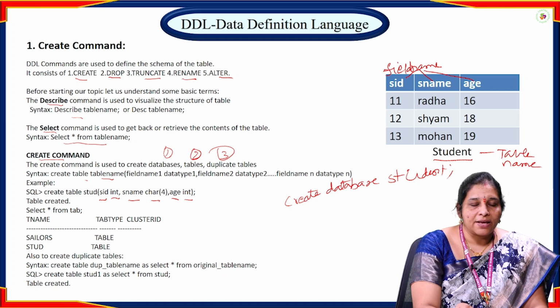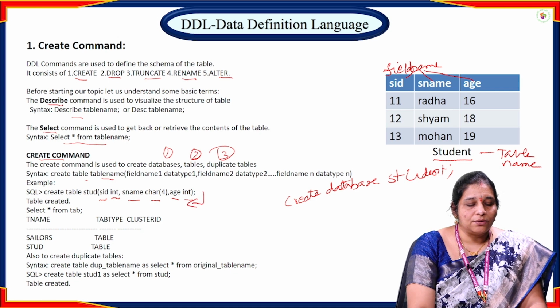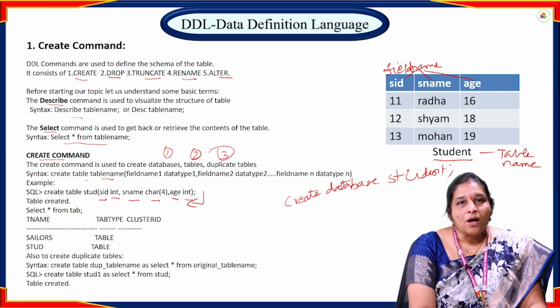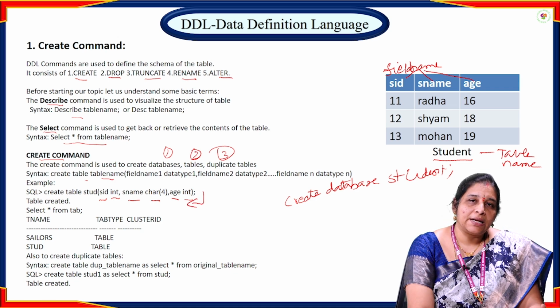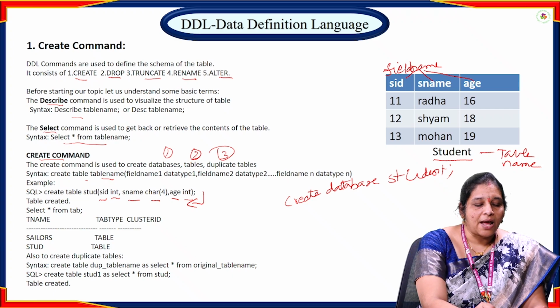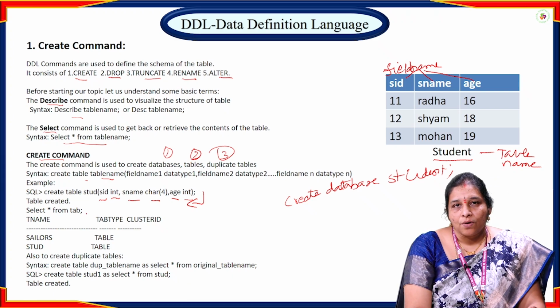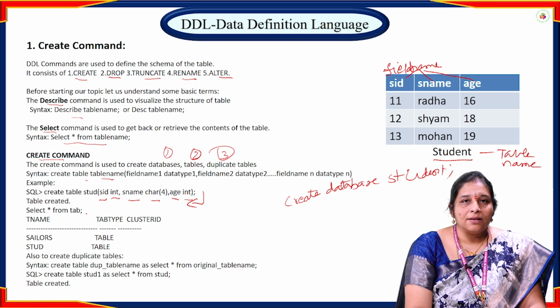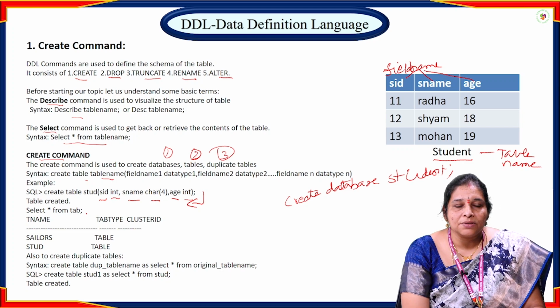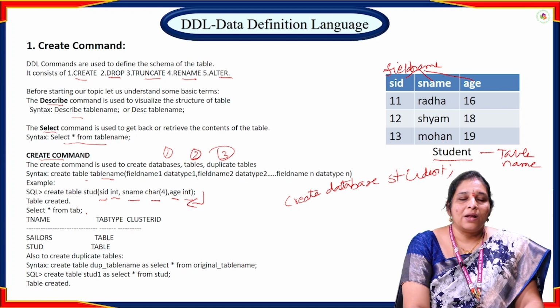When I have executed this command and pressed enter, I am going to see the table is created. Now, how do we know whether the table has been created or not? Simply type the command select star from tab. Right now I am taking most of the examples from Oracle, so these are the examples that you are going to do on Oracle 11G.